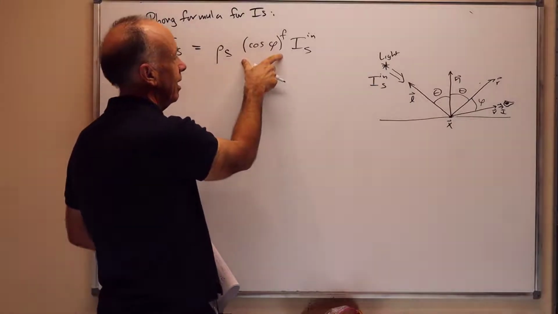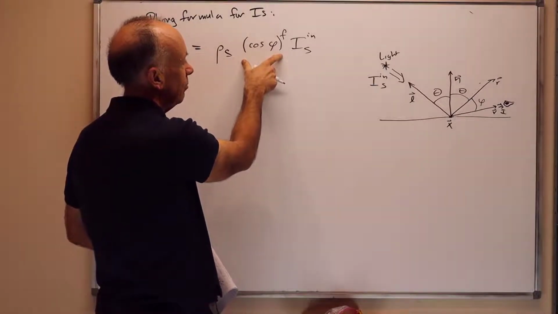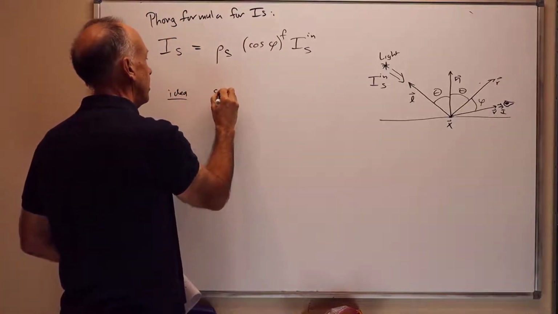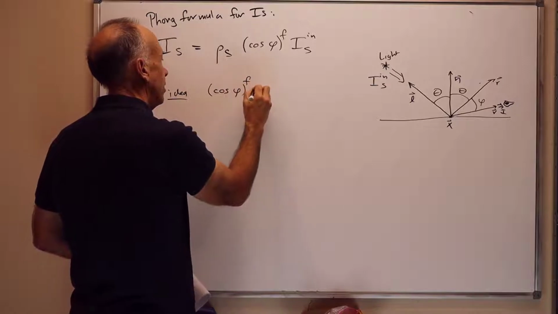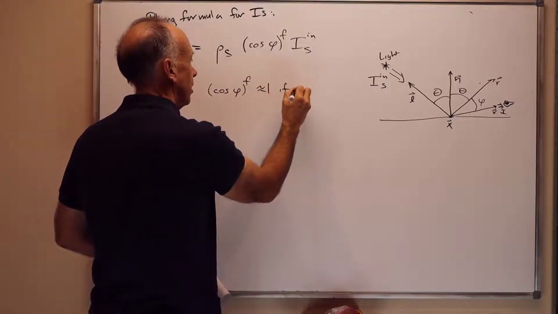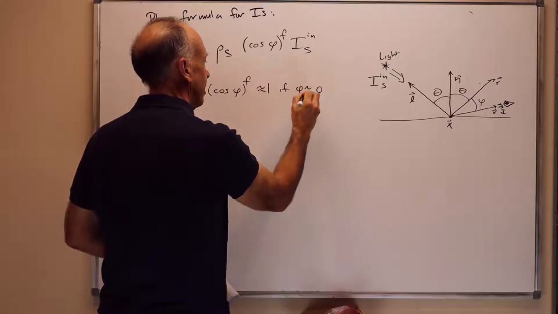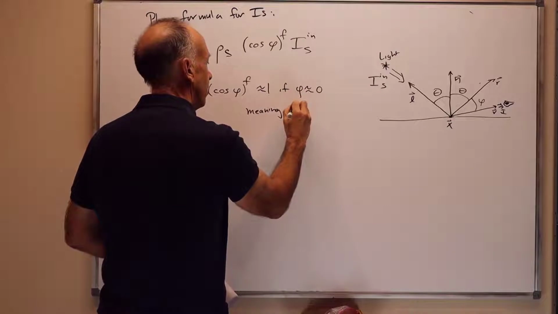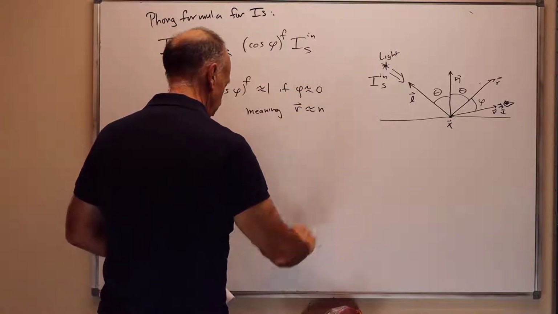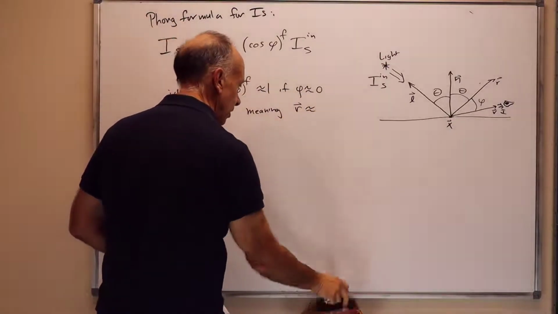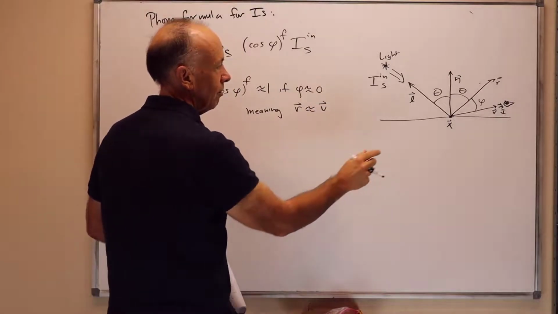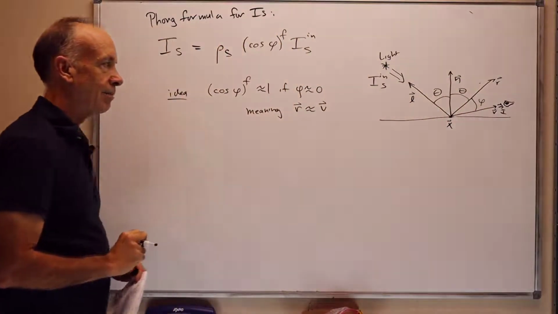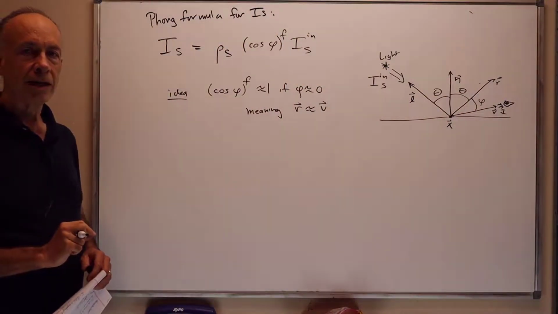The cosine of phi to the f gives us the specular highlight. So the idea is that cosine of phi to the f should be close to 1 if phi is approximately 0, meaning that the reflection direction R is approximately equal to the vector towards the viewer, V. If the reflection direction and the viewer direction are the same, that's the direction of maximum specular light reflection.